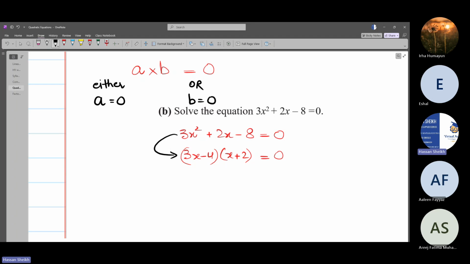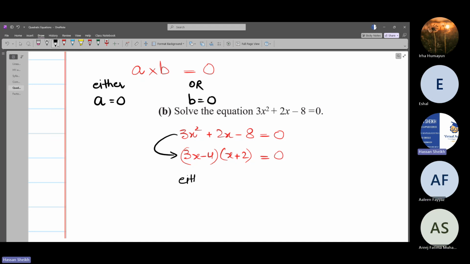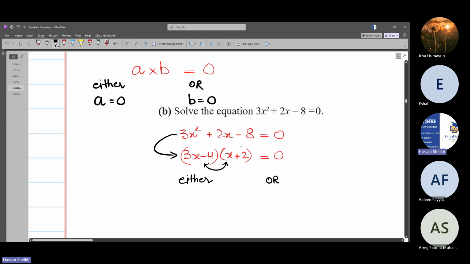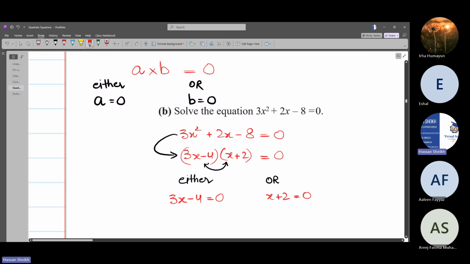That's why the product is zero. And similarly here, we do either-or. Now check. Do you agree that these two factors are multiplying and giving a product of zero? Which means either of them would be zero, like this.